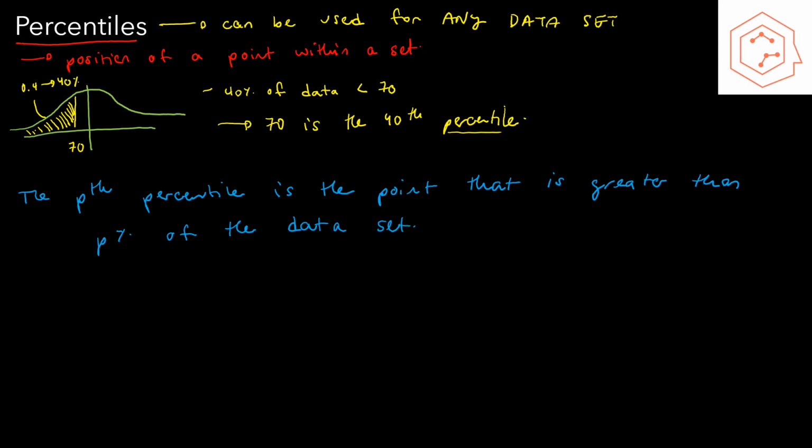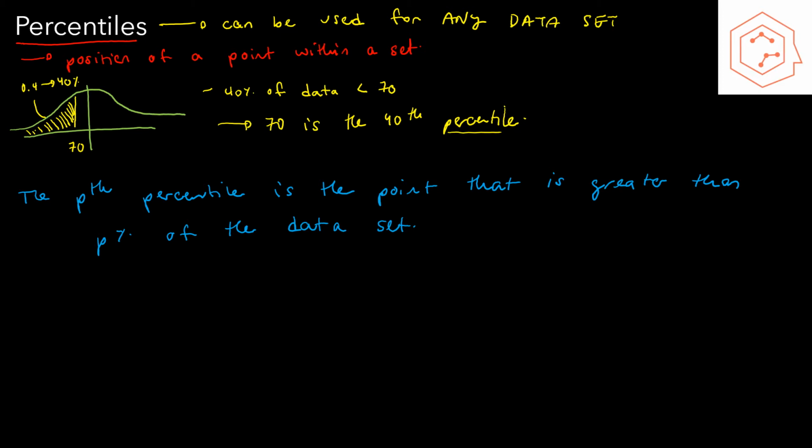So for example, you already know one of the percentiles, the 50th percentile, aka the median, that would correspond to being the number that is greater than 50% of the points, or in the middle of the data set.